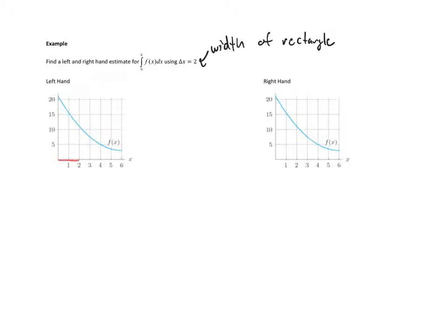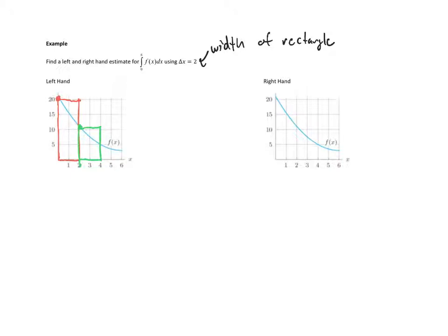If we're using a left-hand sum, we're going to use the left-hand endpoint. Here would be my first rectangle. That is delta x equals 2. Its width is 2. The next rectangle, again, has a width of 2. I would use this left endpoint here.